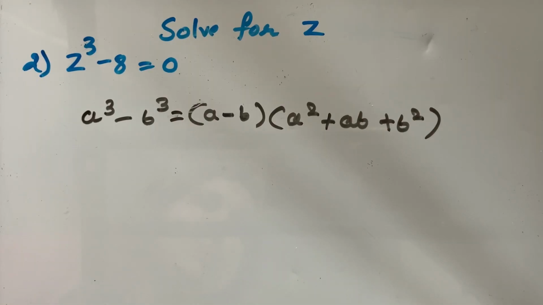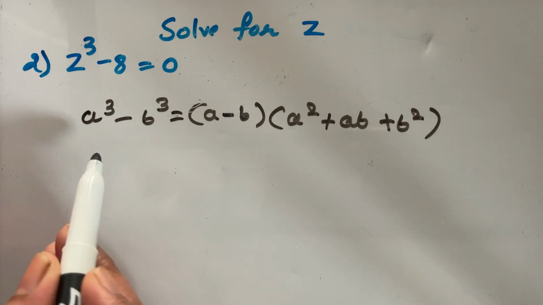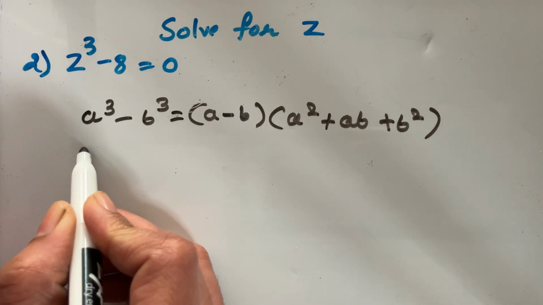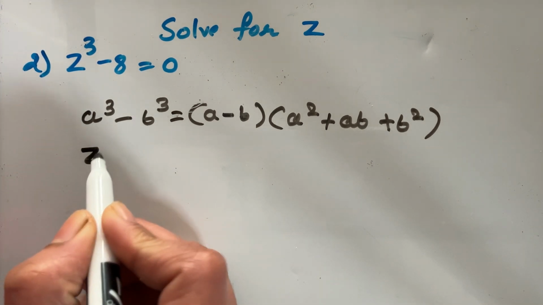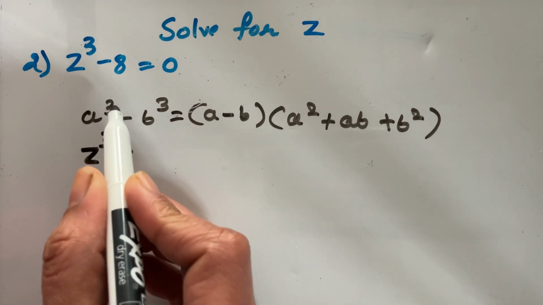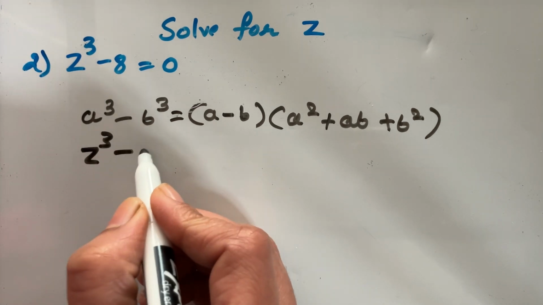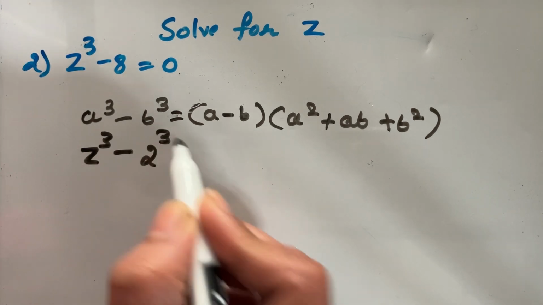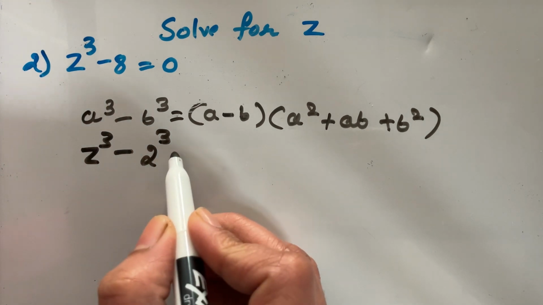Next question, solve for z. Z cube minus 8 is equal to 0. Again, we can use the difference of cubes here. So we can rewrite z cube minus 8 as z cube minus 2 cube.